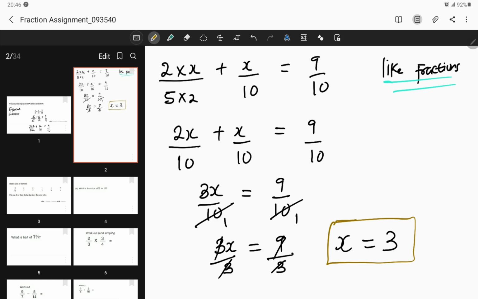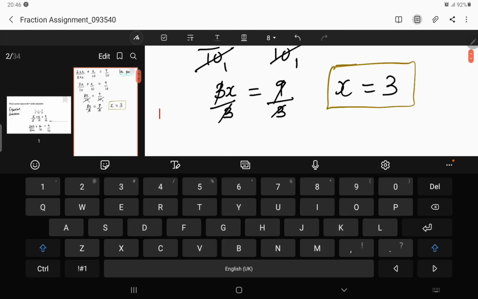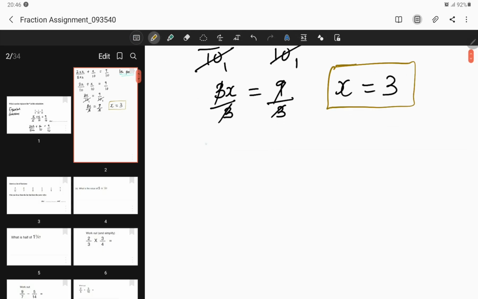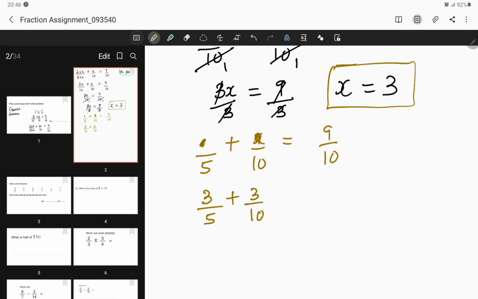So if I'm to report our answer, the asterisk here should be 3. So when I have 3 over 5 plus 3 over 10, remember what I said?